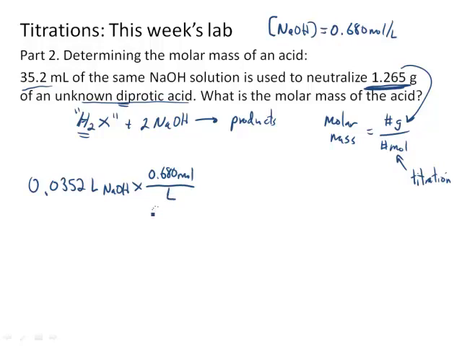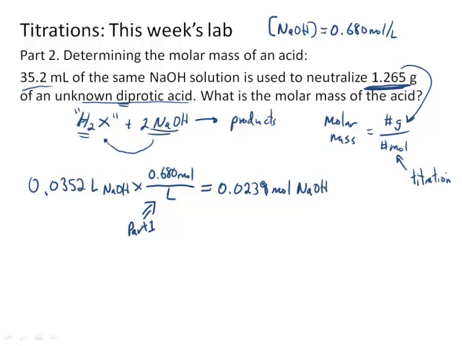The whole idea of doing part 1 of the lab was to get that number so you could use it in this calculation in part 2. So that's 0.0352 times 0.680, which comes out to 0.0239 moles of NaOH. That's how much NaOH you had in your reaction.